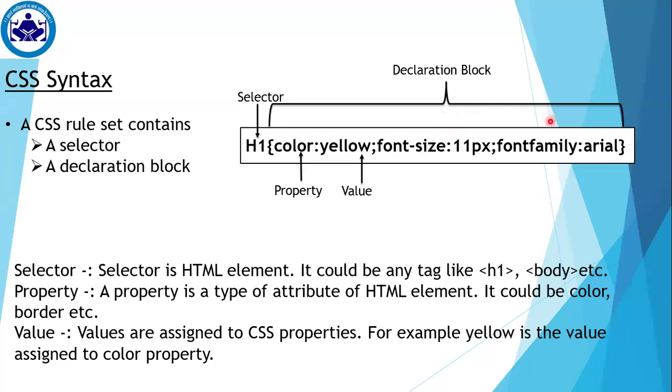Again, we have used a third property, that is font family, and the value of this property is Arial. So selector is the HTML element, property is the attribute, and value is what is assigned to the property.